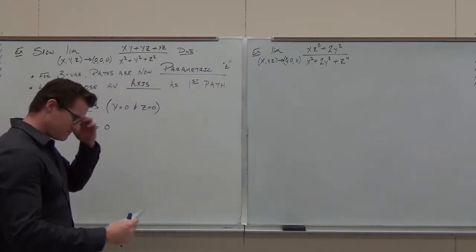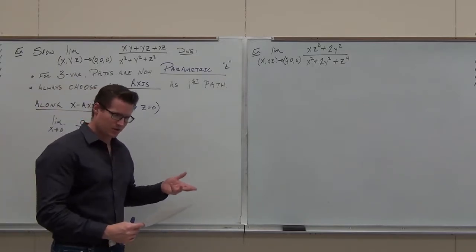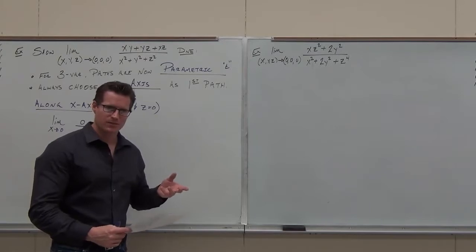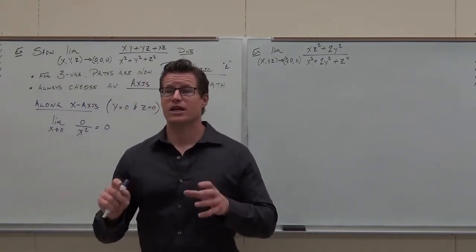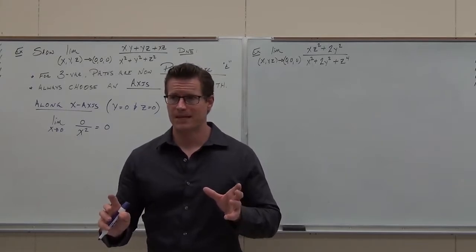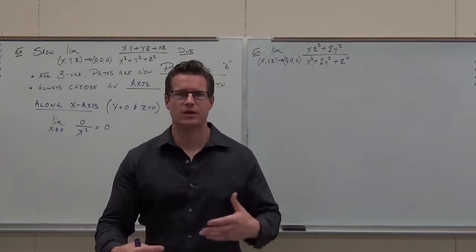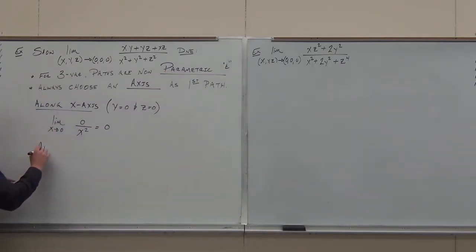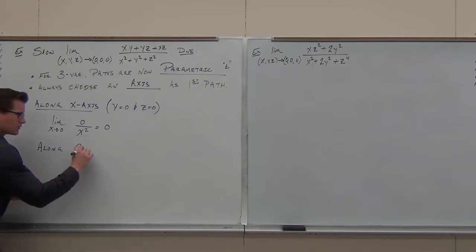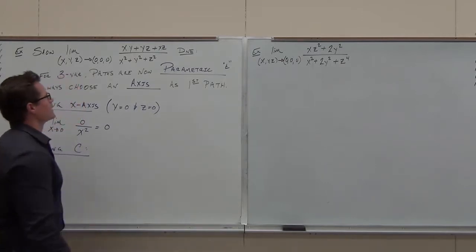Well, the other one, we're going to have to go along a curve that's parametric. The biggest piece of advice I can tell you is set all of your variables equal to a function of t, because that's a parameter, such that your degrees match up, just like we've practiced. So we're going to go along a curve, call it C, where, well, let's look at it.